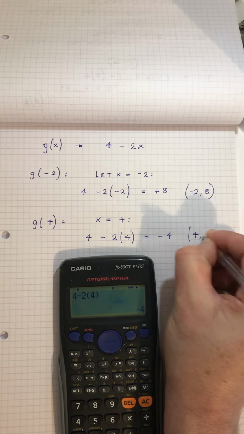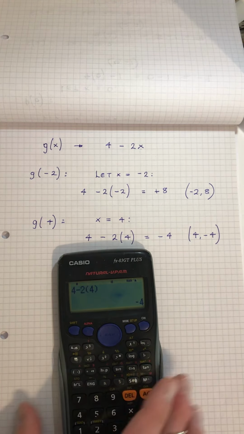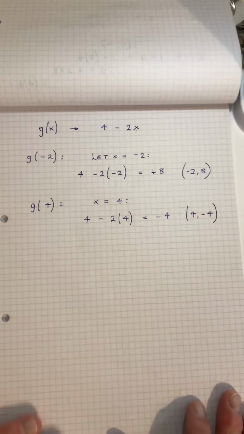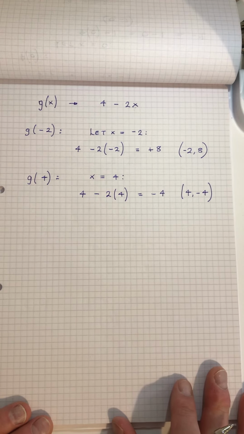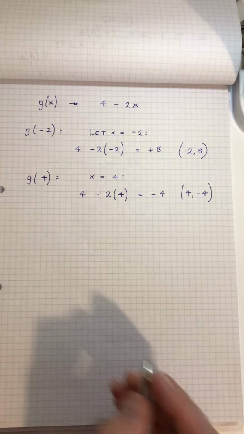So 4 and minus 4. Okay? And these points here, we will use then to draw a little graph, but that will be afterwards, okay?